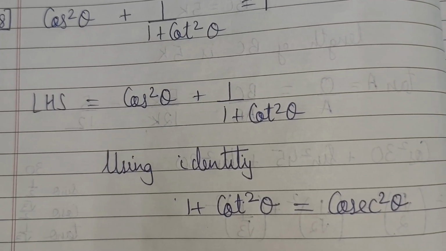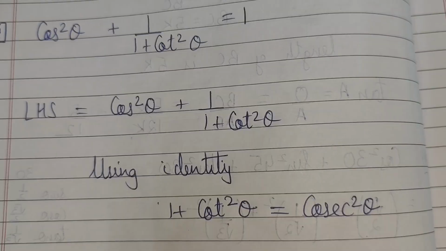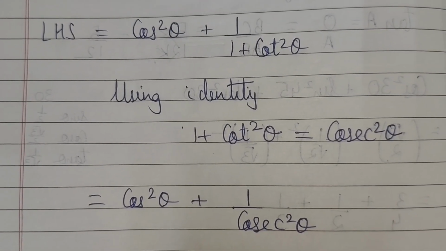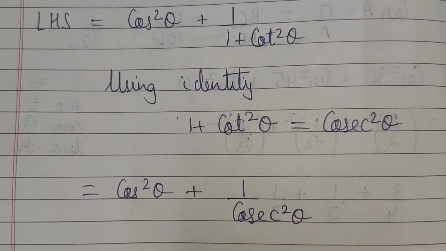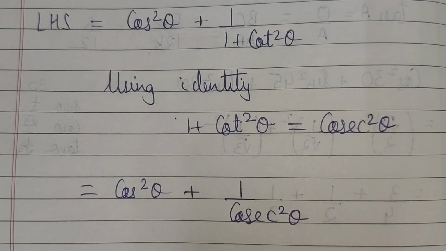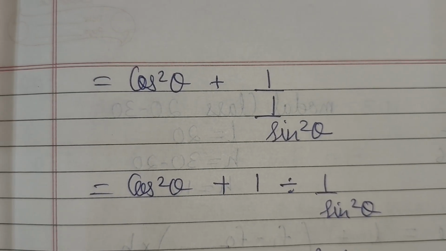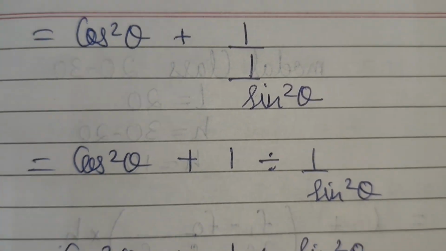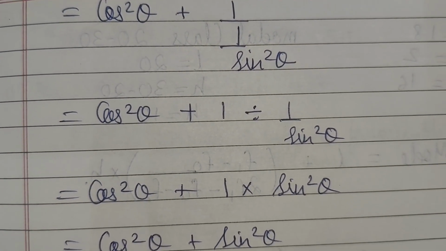Using the identity 1 plus cot² theta is equal to cosec² theta, in place of 1 plus cot² theta, I will substitute cosec² theta. So cos² theta plus 1 upon cosec² theta. So cosec² theta is 1 upon sin² theta. So cos² theta plus 1 divided by 1 upon sin² theta.